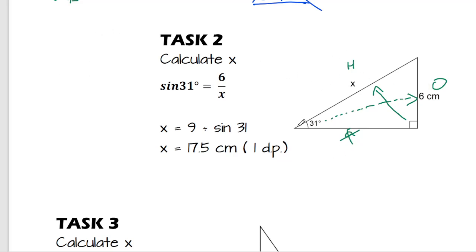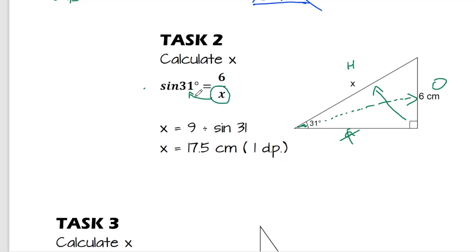So my angle given is 31. So I can write that as sin 31 equals, remember on this one, I've got the opposite, which is 6. I don't know the hypotenuse, which is x. Now again, if you remember back when we've done rearranging formula before, if we've got x on the bottom of the formula, we've got a real quick easy fix that we can do.